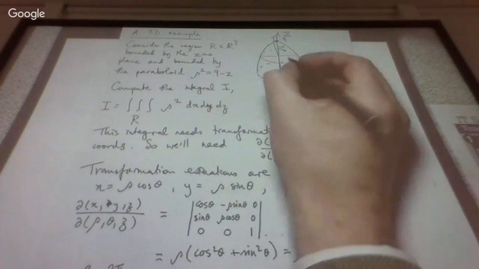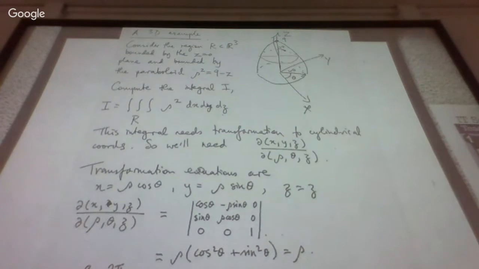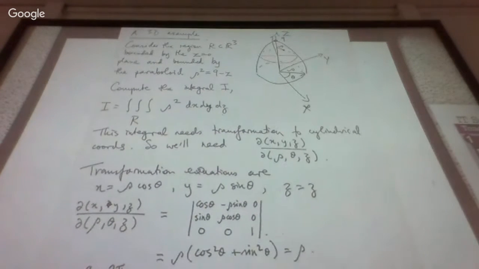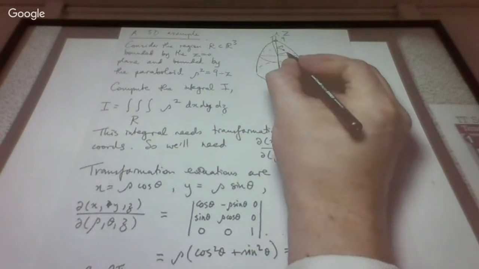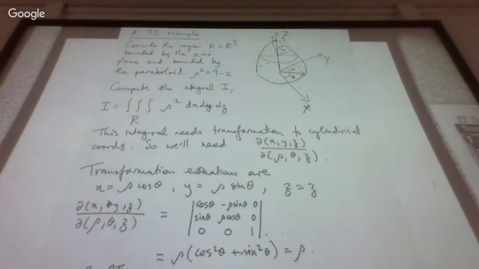And then you've got a z. Then coming to the rho integral, you've got a z height and a particular angle. So you've got a radial ray. How much of the radial ray do you want to integrate along? Just from the z-axis, out along the disk until you reach the boundary of the circular disk cross-section.